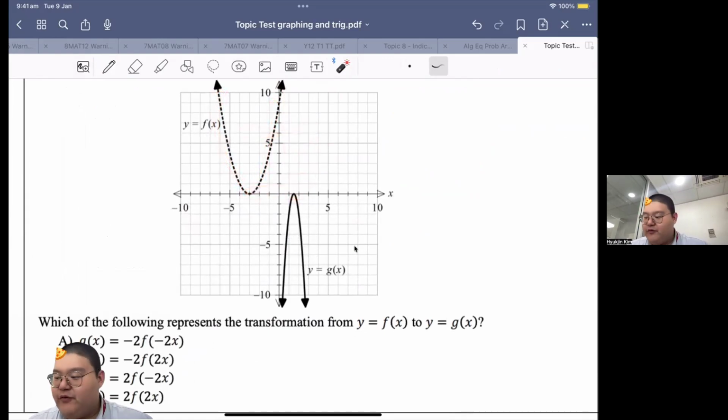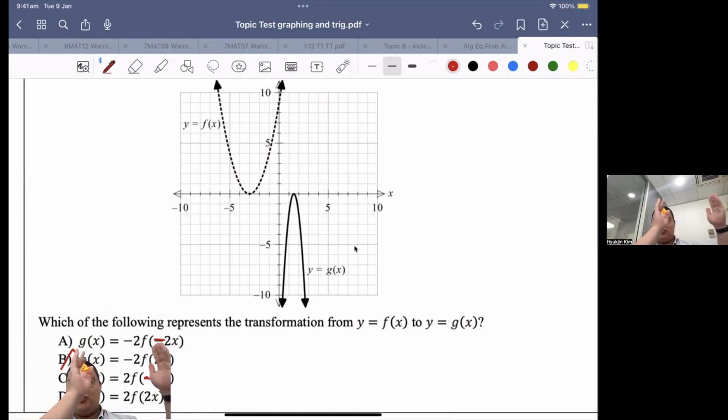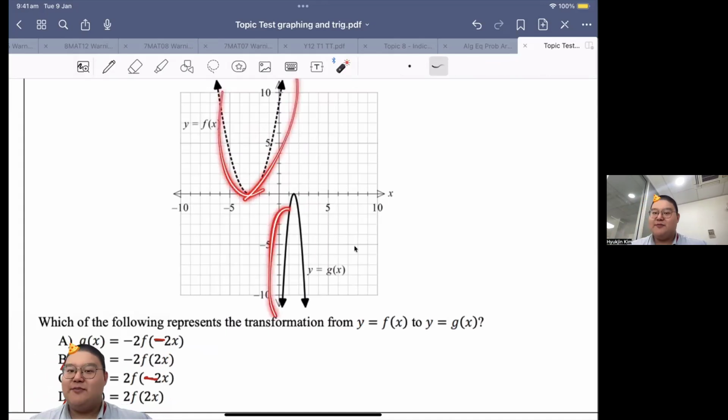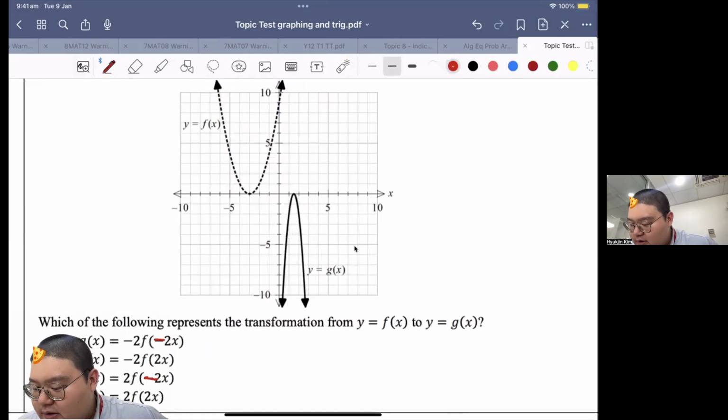It has to have been reflected that way then. So now I know it has to be ones with the negative on the input because it was a horizontal reflection. It wasn't a horizontal shift. So there has to be a negative in the x. And now what do we also notice? It was pointing upwards, but now it's pointing downwards. That means it's also a vertical reflection.